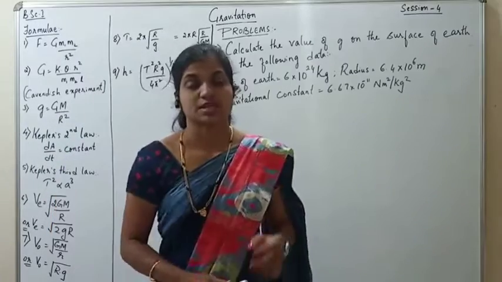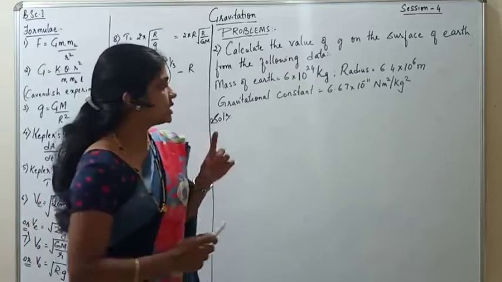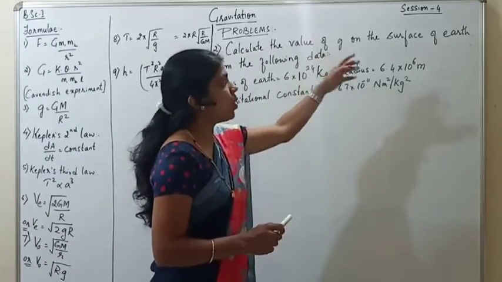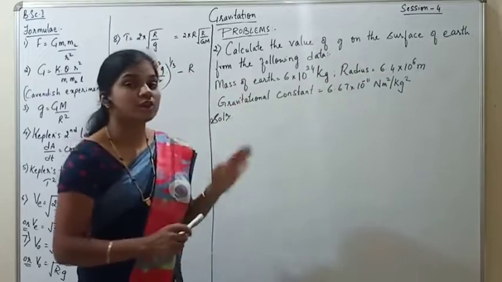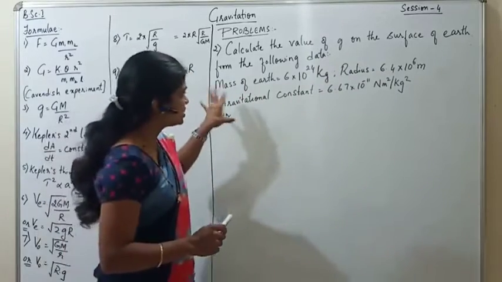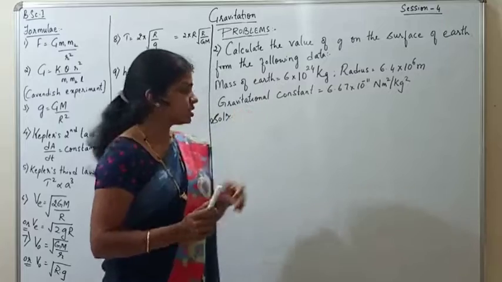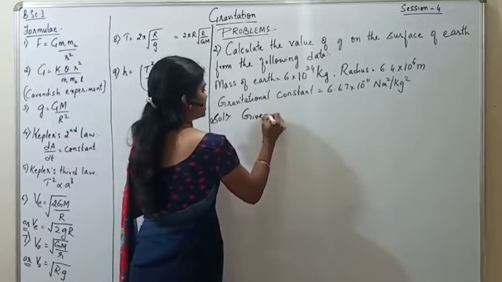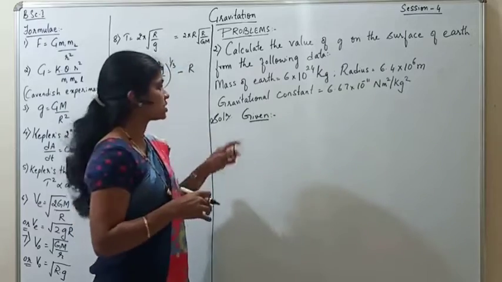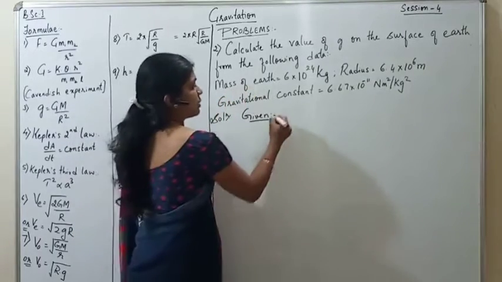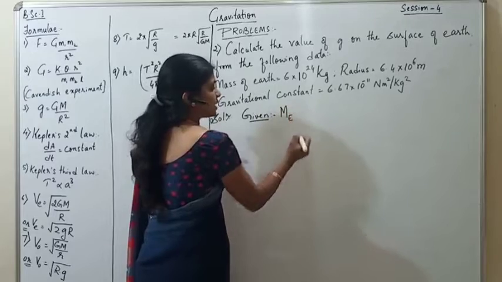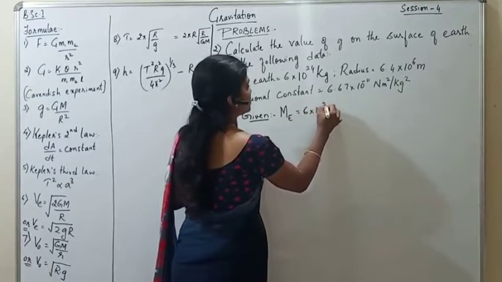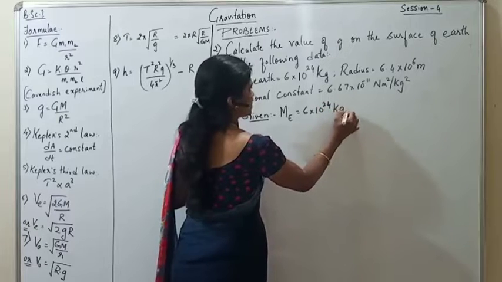Right? So the second problem says calculate the value of g on the surface of the earth from the following data. So this is the data given to us. So what is given to us? So our first step is we are writing what is given to us. Mass of the earth, I will write it as ME, is equal to 6 into 10 to the power 24 kg.